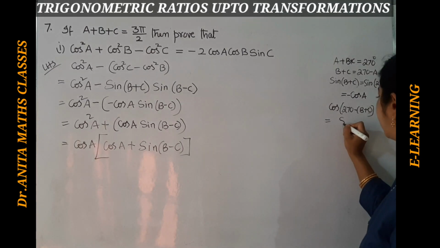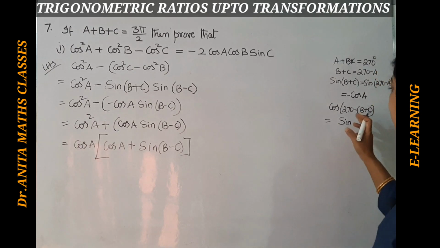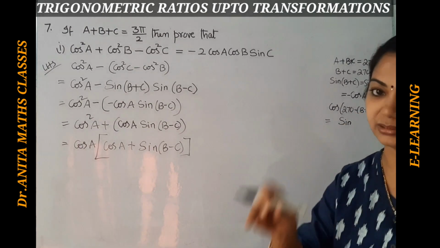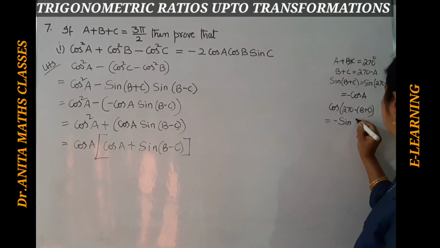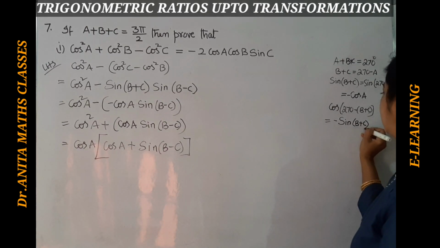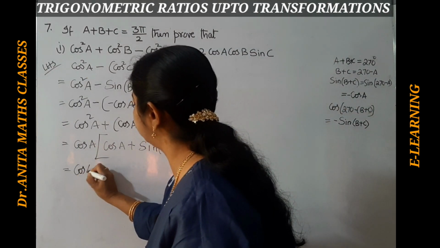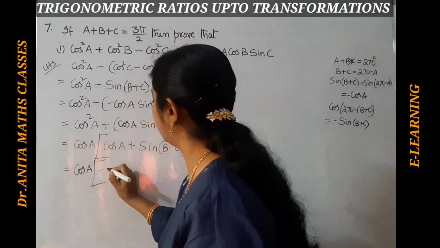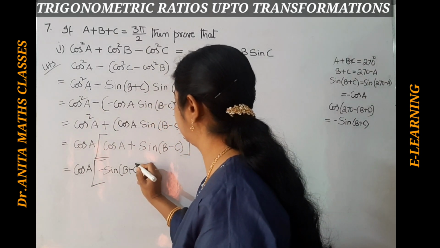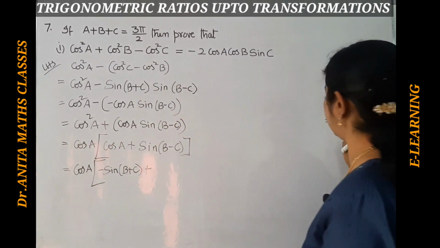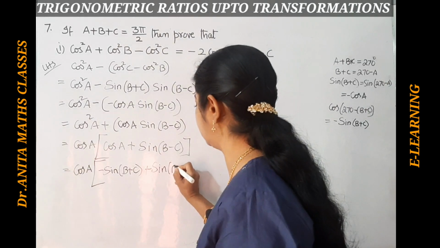We can write it as sine, isn't it? 270 complement is sine. 270 minus b plus c lies in the third quadrant, where cos is negative. Again we can write this as minus sine b plus c. So I'll write it here: cos a, minus sine of b plus c, plus here this I have replaced, sine of b minus c.